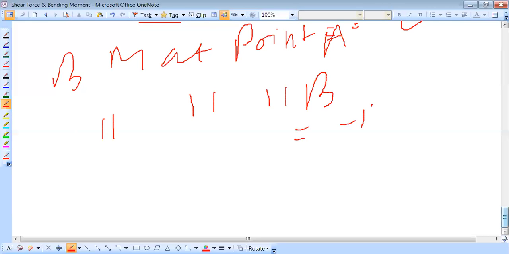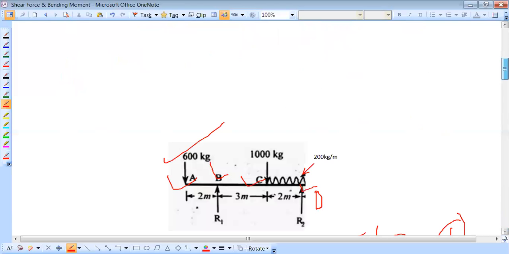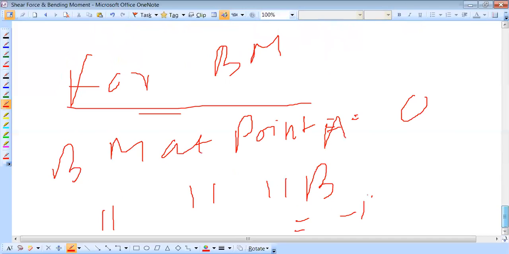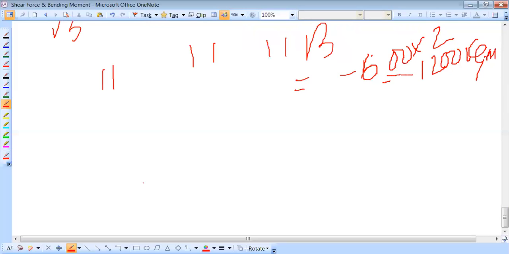Minus load into perpendicular distance. Then the load is equal to how much? 600 into 2. That means minus 1200 kg into meter. You need to know that moment is force times a particular distance. Then point C is equal to how much?